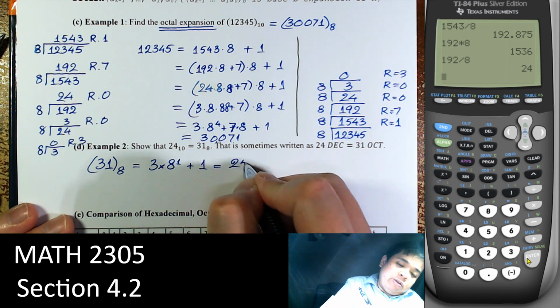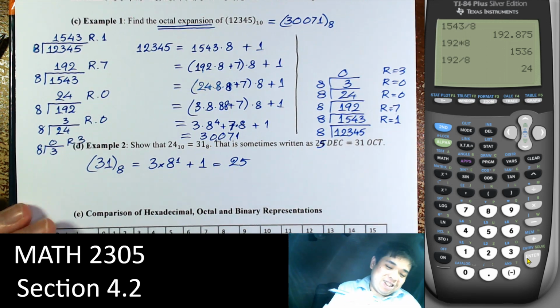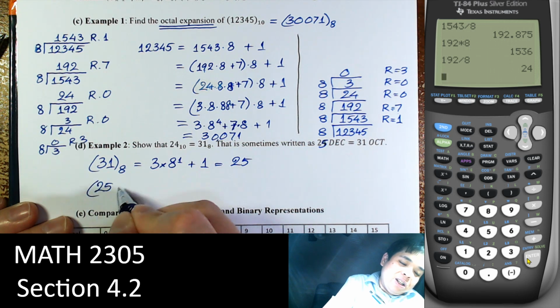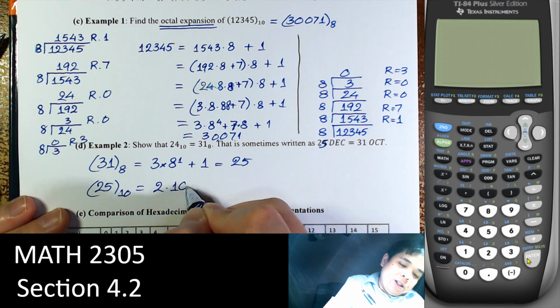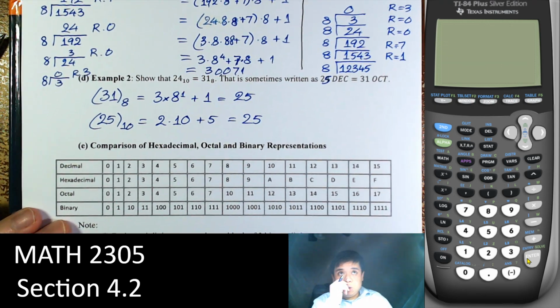Actually, it is 25. So Christmas is the same as Halloween. Kind of the same. Right, 25 in base 10 is 2 times 10 plus 5, which is also 25. Both of them. Just like that.